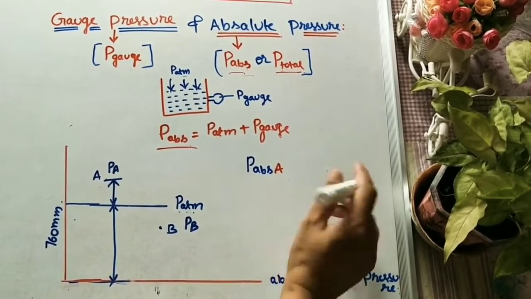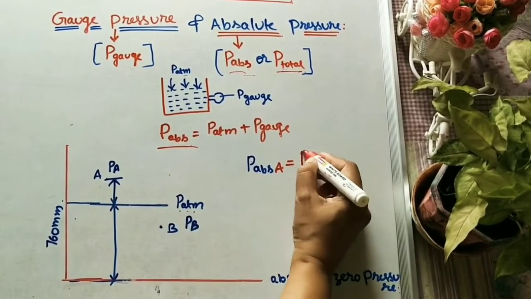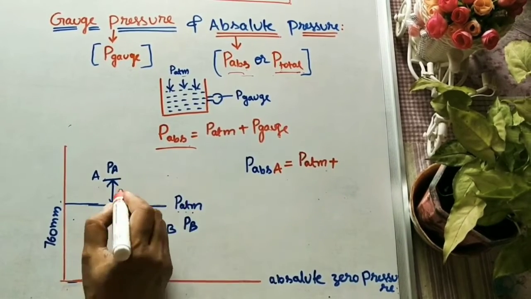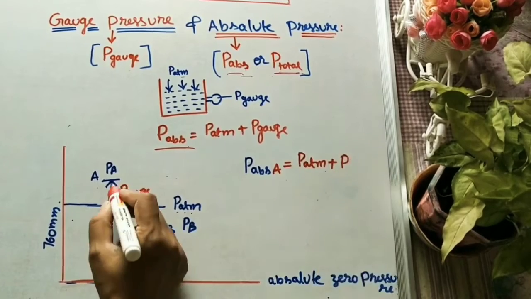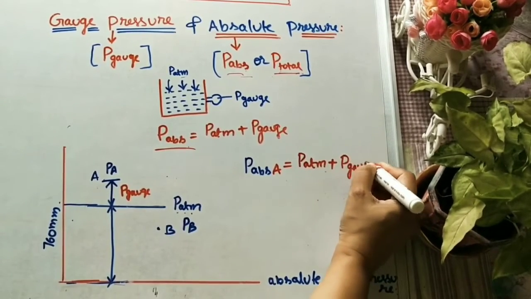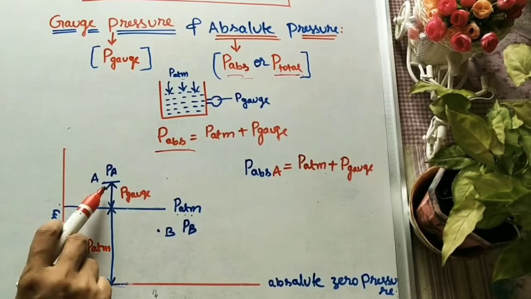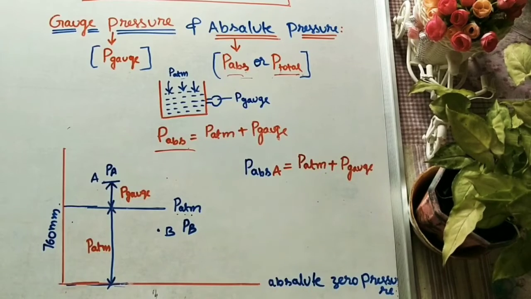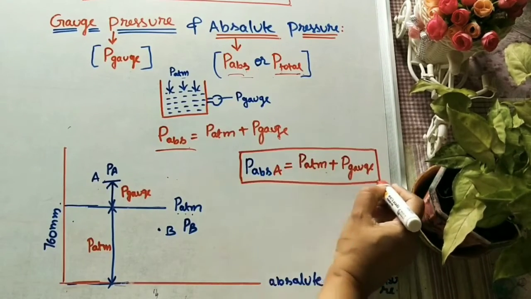P absolute at A is equal to P atmospheric plus this pressure, which we call gauge pressure. P atmospheric plus P gauge pressure. So absolute pressure at A is equal to this value plus this value. So this is the total pressure or absolute pressure at A.